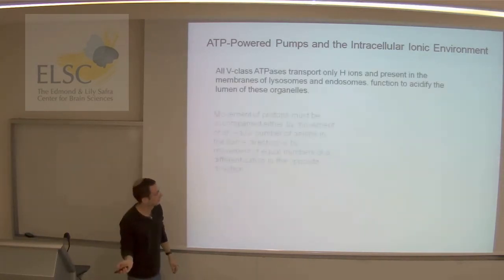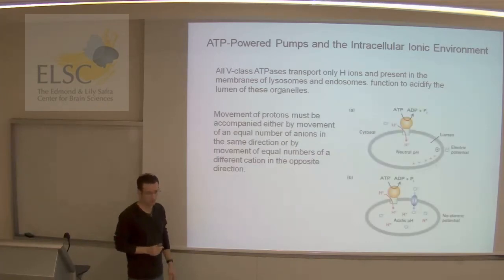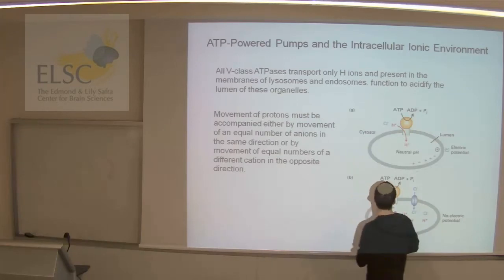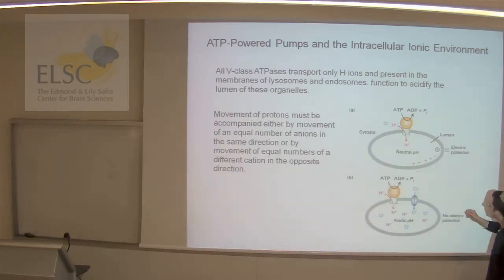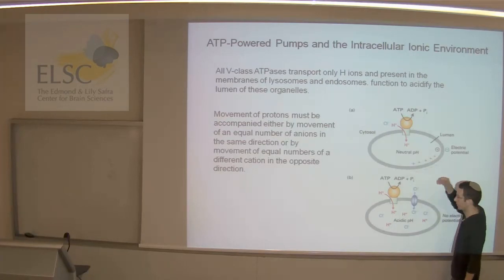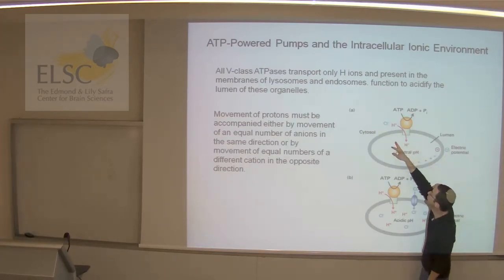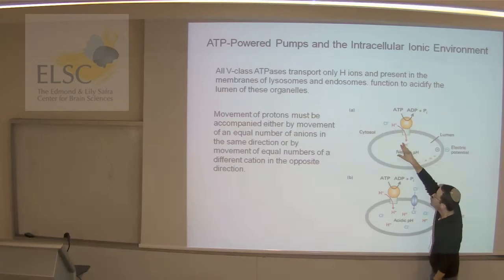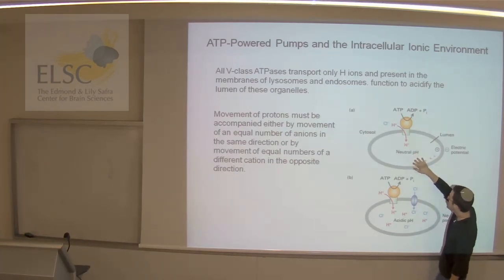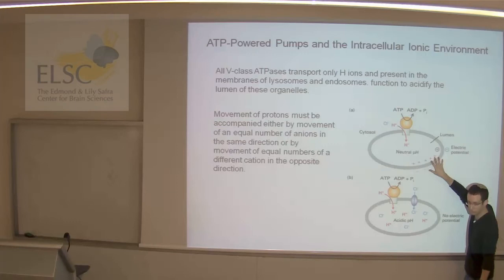Yes? After the electric potential is created, what will need to happen and for what? So the electrical potential in this case is just, you can address it as an artifact, just because you pass protons inside the endosome lumen, and so this gradient is formed.